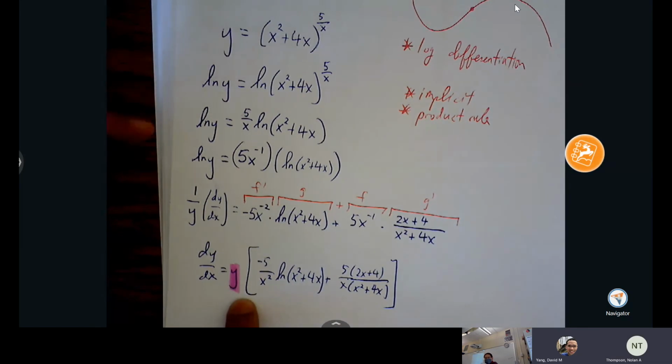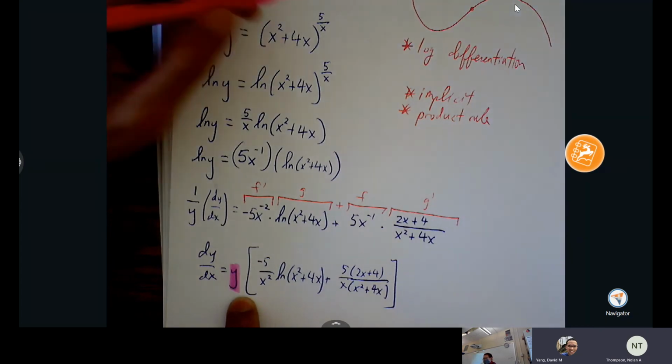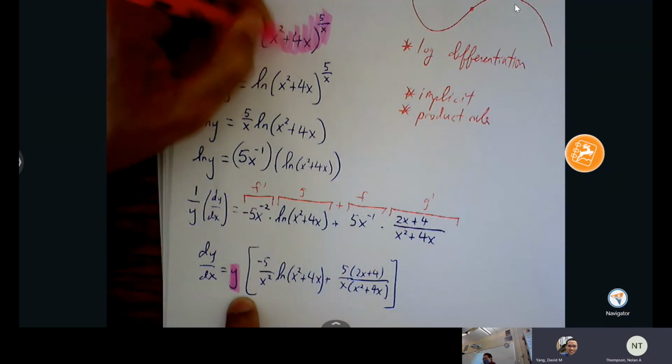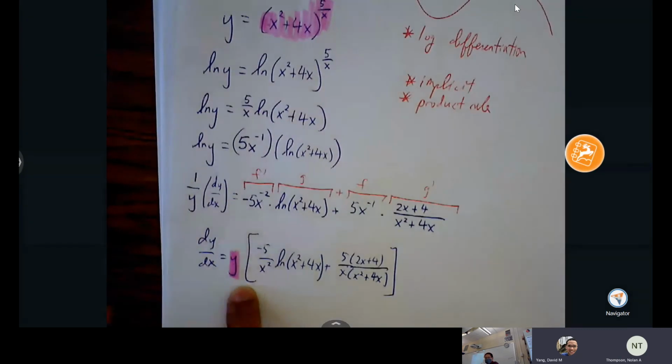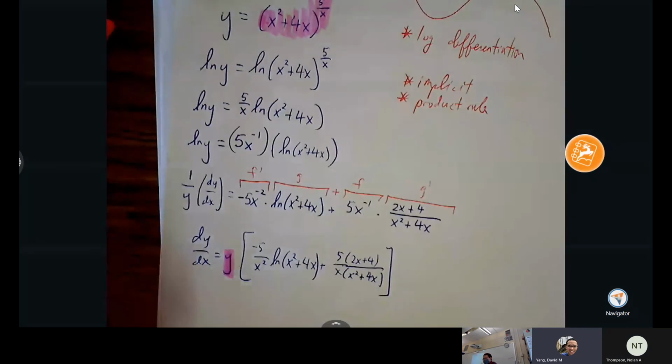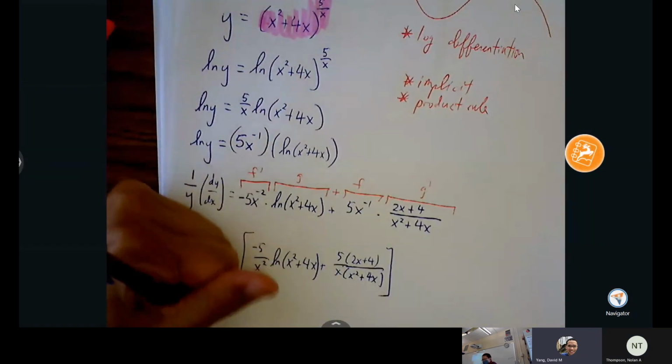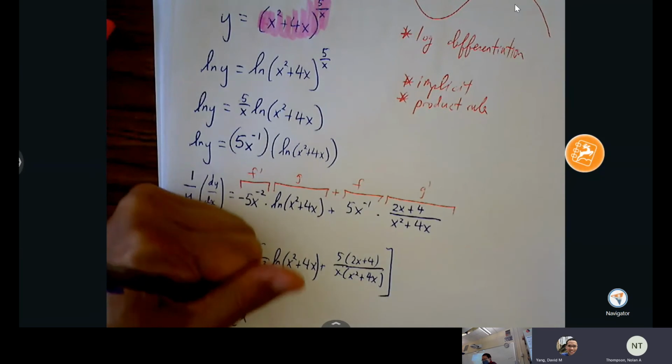What's y equal to? Oh, x squared plus 4x. Yeah. So like I said, it's going to be a really messy derivative, but it's okay.